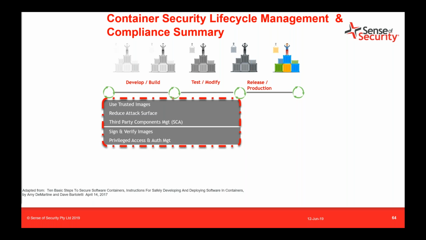So let's look at where organizations need to focus their attention at this point. Firstly, they have to use trusted images. Endeavor to reduce the attack surface of the container, which is going to limit the possibility of living off the land attacks, and ensure that they've got confidence in the third-party components that are incorporated into their containers.